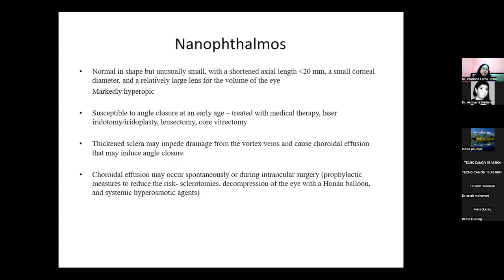Nanophthalmos is also responsible for secondary angle closure glaucomas. Nanophthalmic people have a short eye with an axial length of less than 20 millimeters, with a small corneal diameter.